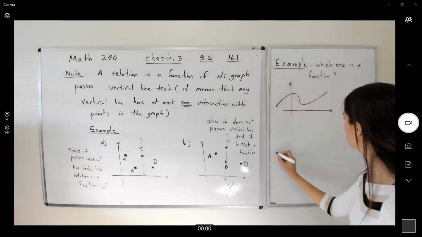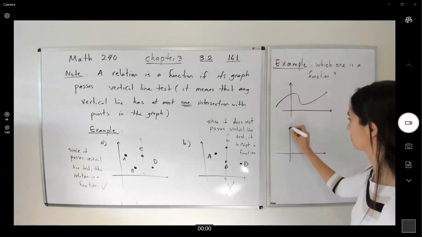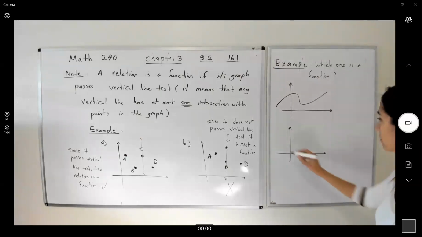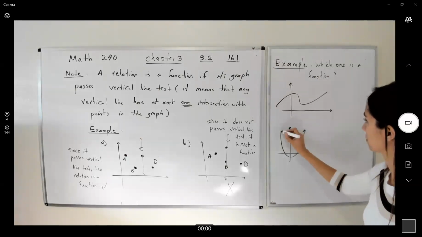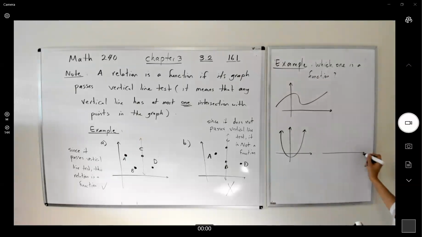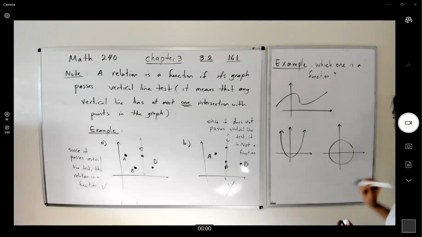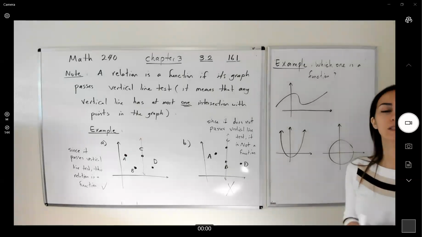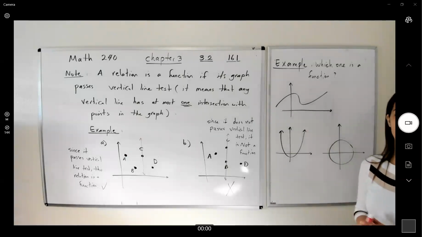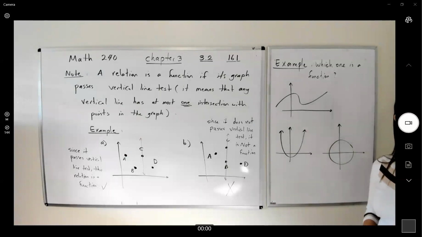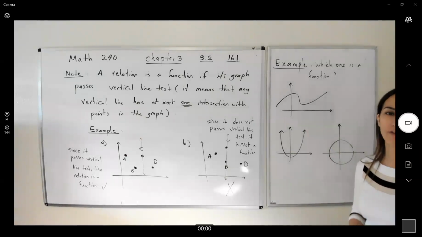The second graph is actually a parabola. And finally, you have a circle. So which one represents a function? All of these are relations. If they pass the vertical line test, we say that that graph represents the graph of a function.